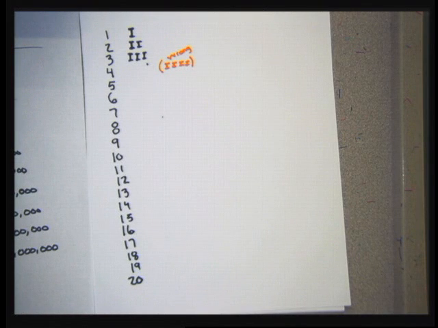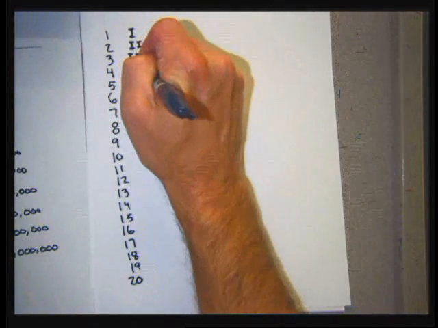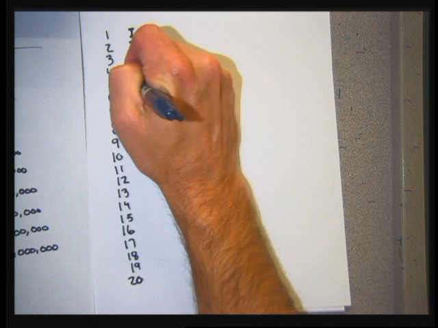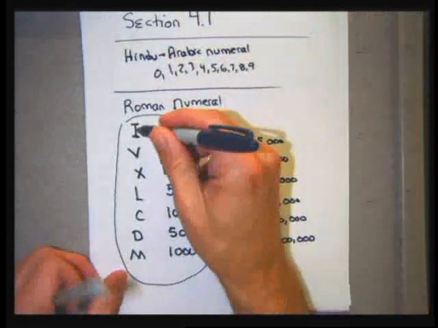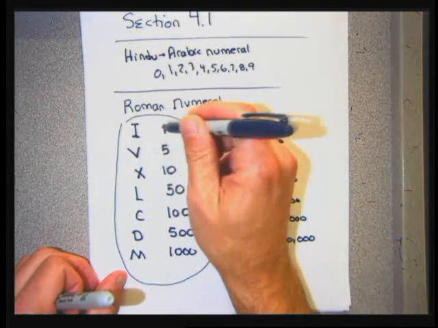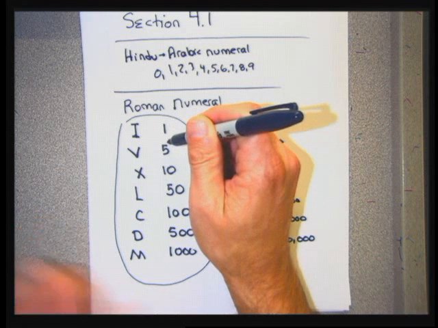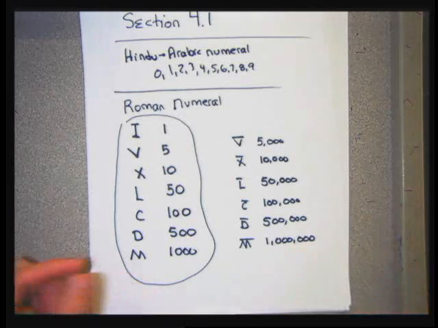What the Romans did is they would take the next number and write a smaller number to the left of it. So this IV means 1 less than 5, which is 4. So anytime I have a smaller number written to the left of a bigger number, I is less than V, I subtract that from the bigger number to give me what that number is equal to. So IV is 1 less than 5, which is 4.